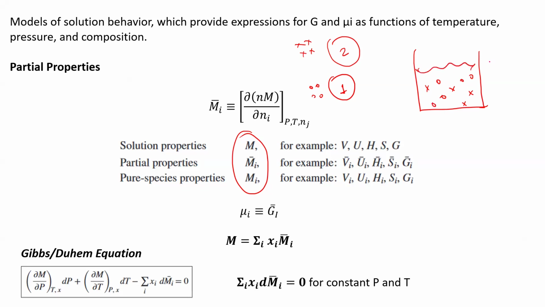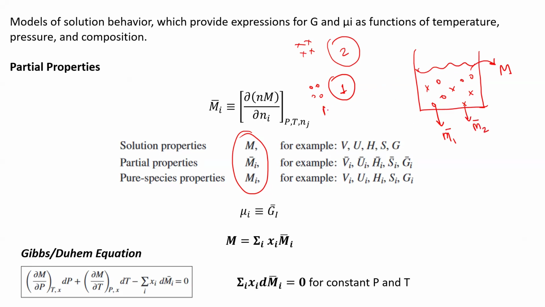The property in this is M. Then the property of 1 is M1 bar, and this has a property of M2 bar.